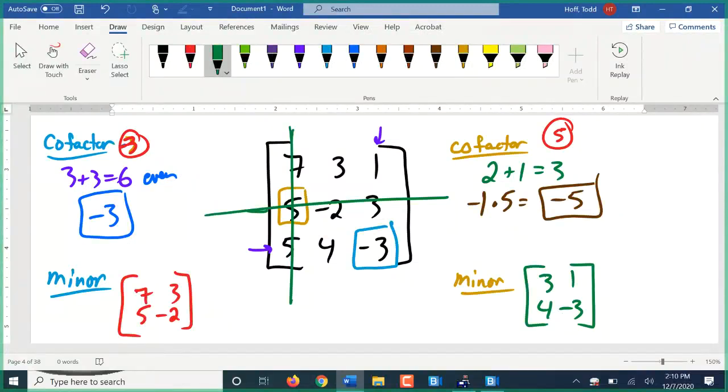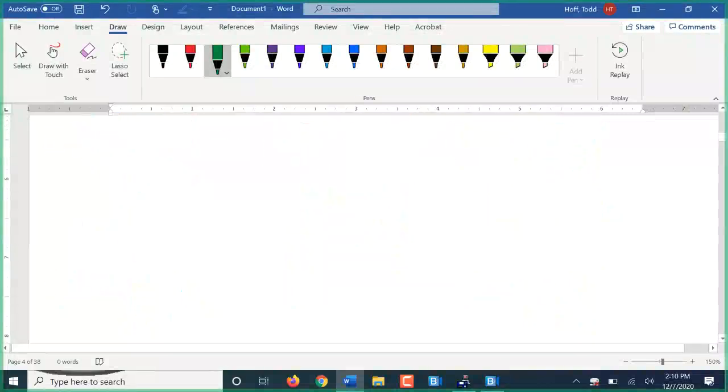Any questions as to how I got the cofactor and minor for either of those entries? Okay. So the question is, why do we care about a cofactor and minor? Well, you recall I said there are two main ways of finding the determinant for a 3 by 3 matrix.